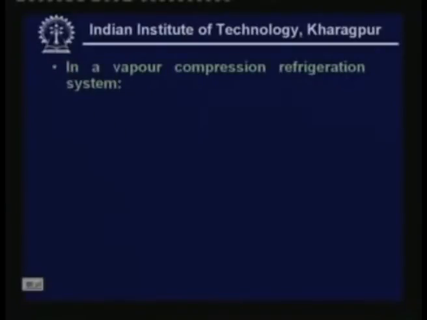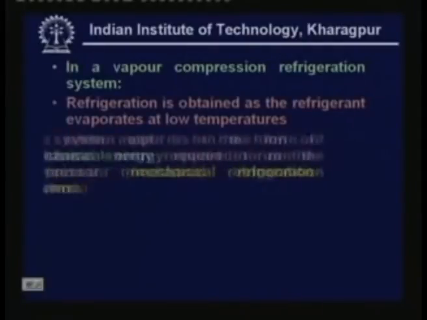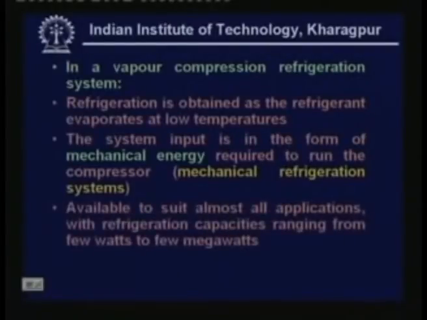In a vapor compression refrigerant system, refrigeration is obtained as the refrigerant evaporates at low temperatures. The system input is in the form of mechanical energy required to run the compressor, hence these systems are also known as mechanical refrigeration systems. Vapor compression refrigerant systems are available to suit almost all applications with refrigeration capacities ranging from few watts to few megawatts. That means this is one of the most versatile refrigeration systems.